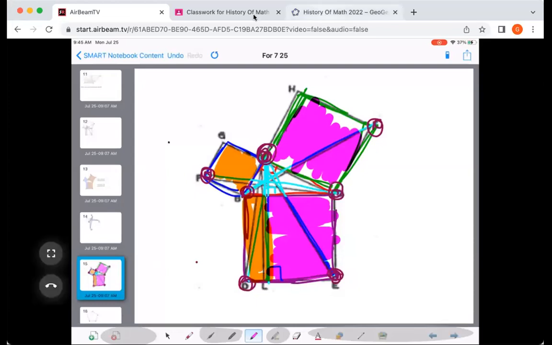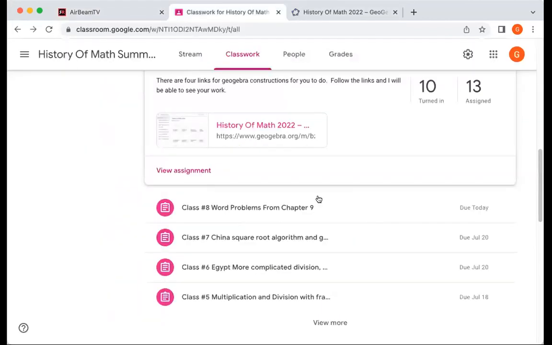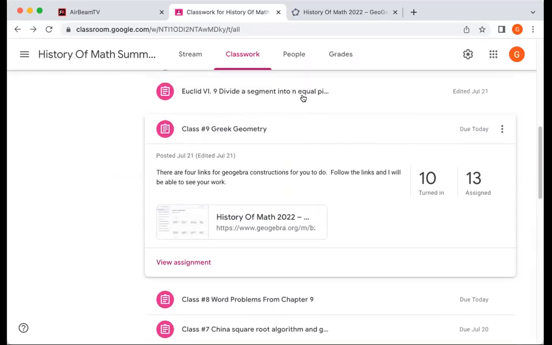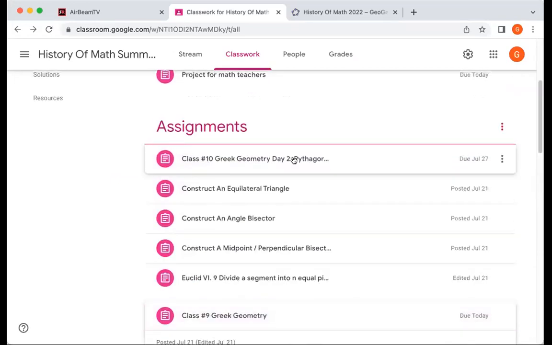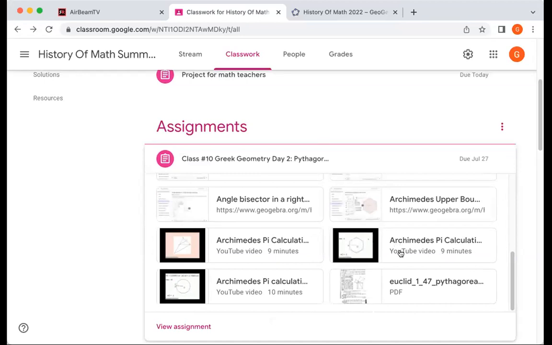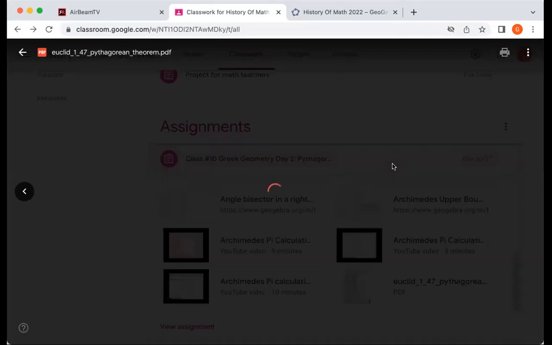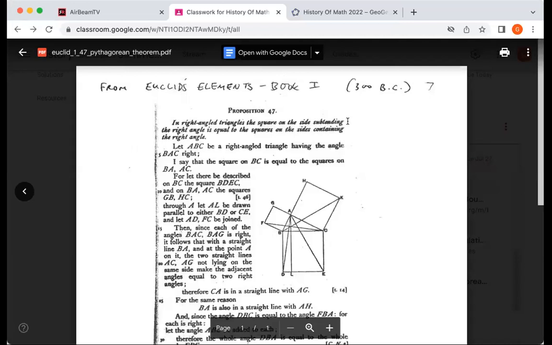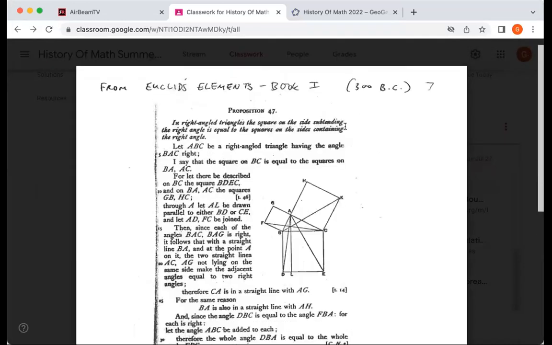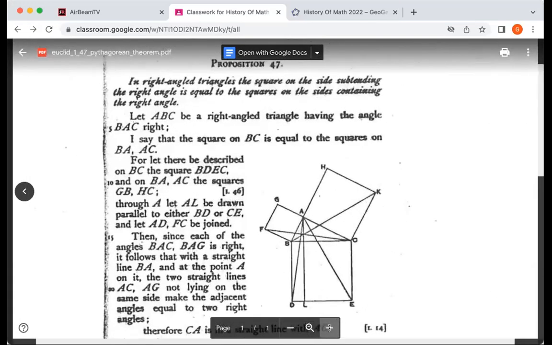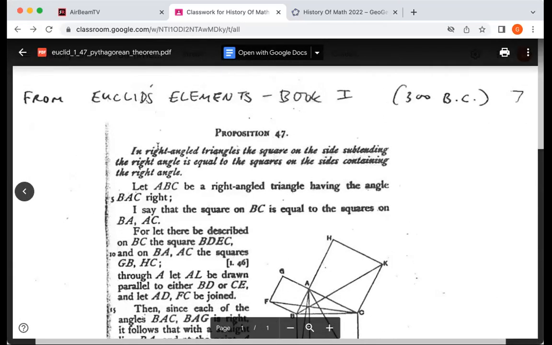I actually have a lot of links in today's lesson. One of them, this is real intimidating when you look at it, but I'll show it to you still. This is the actual translation of the proof in Euclid's Elements. See how they describe it?